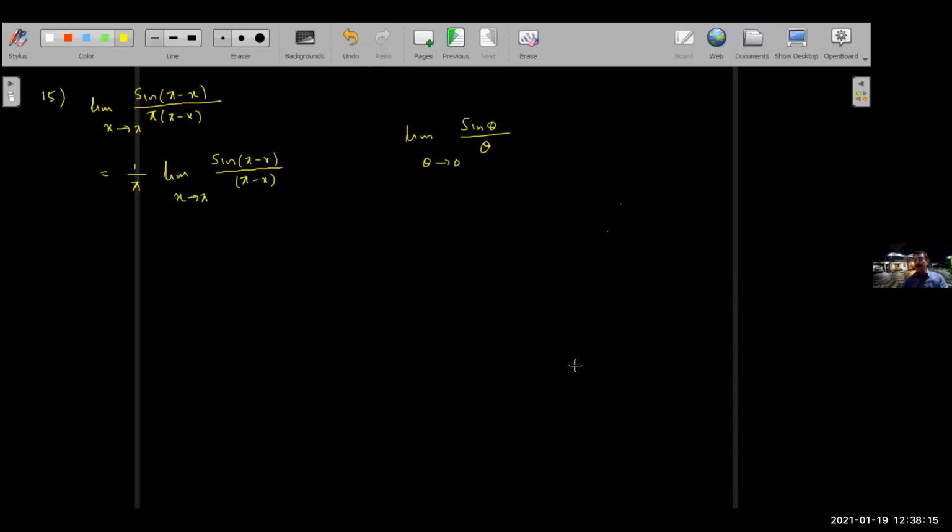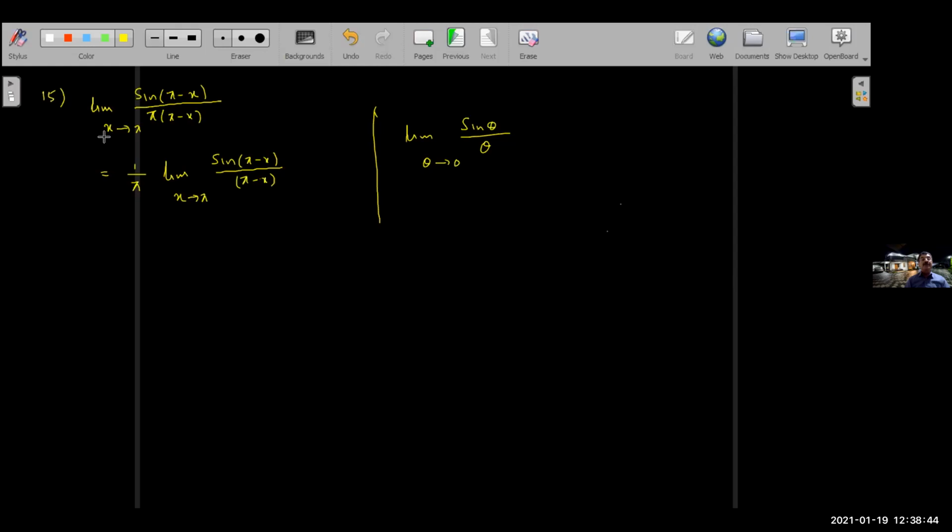Now the question is, is it in standard form? No, there is a small difference. What is the difference? Here, sine theta by theta is okay. The angle for sine is there in the denominator, so pi minus x is there and pi minus x is here. But that angle has to tend to 0. That means instead of x tends to pi, it should be pi minus x tends to 0.